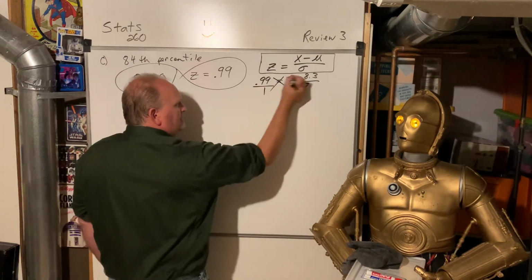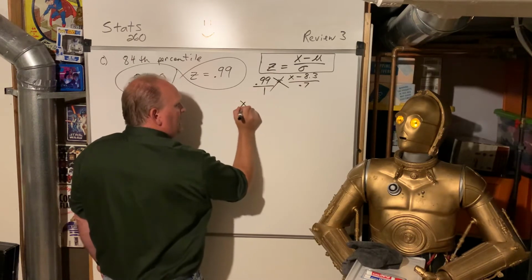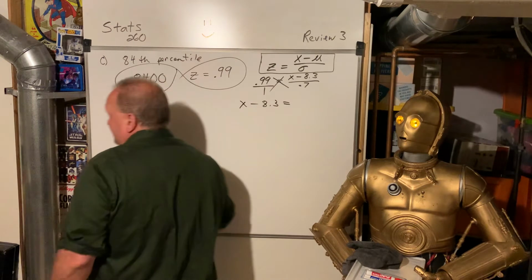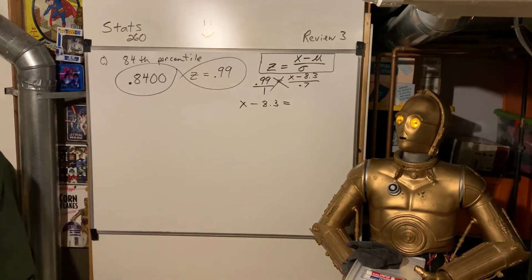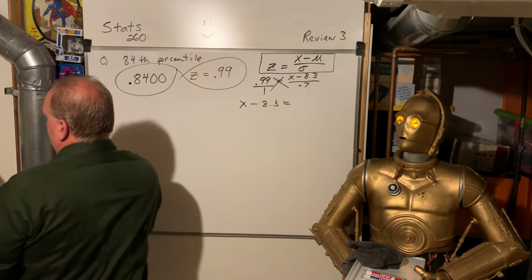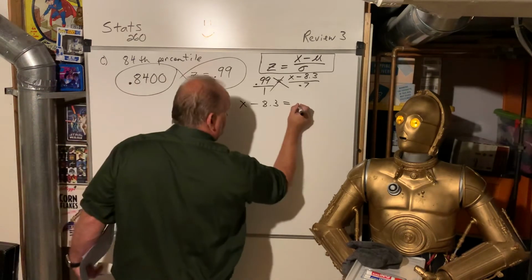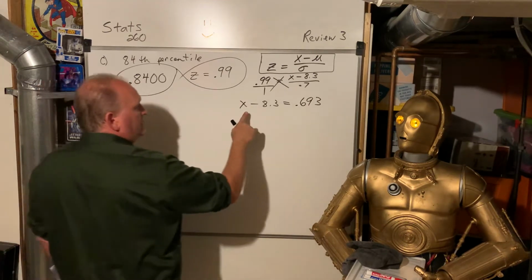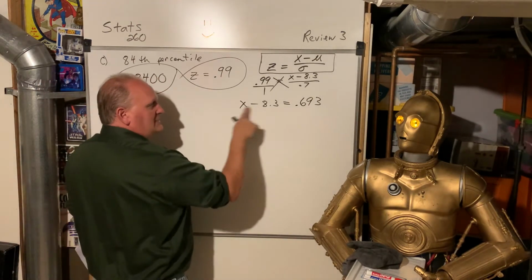So 1 times x minus 8.3 is x minus 8.3. And 0.99 times 0.7 is, what is that? 0.693. Okay, and now you have to solve for x. So that means isolate the variable.